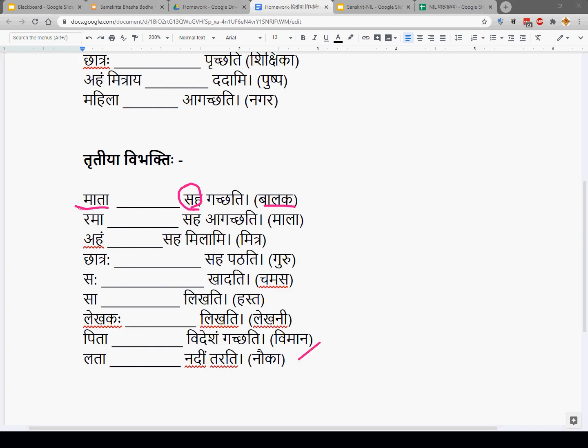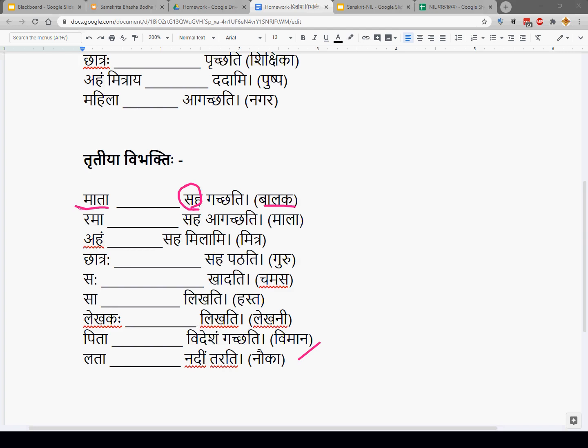She is not using the boy as an instrument. So she is going with the boy. So that saha could be silent sometimes. It may not be written or pronounced, but still the sentence is correct.